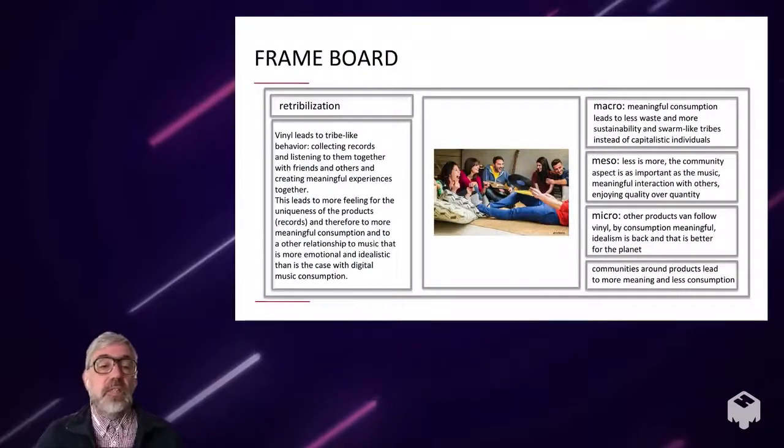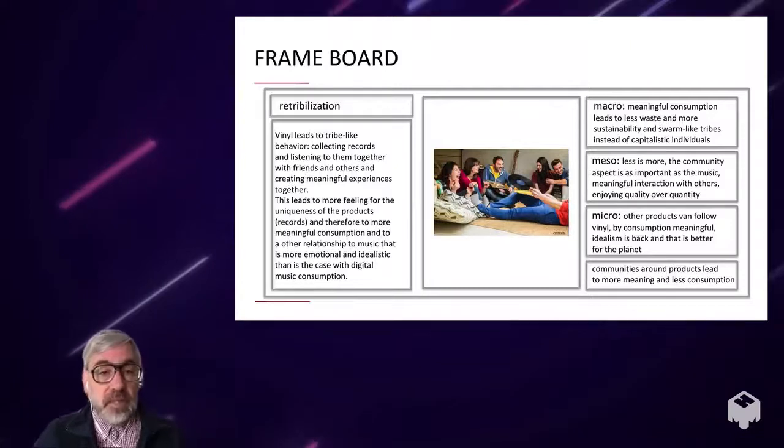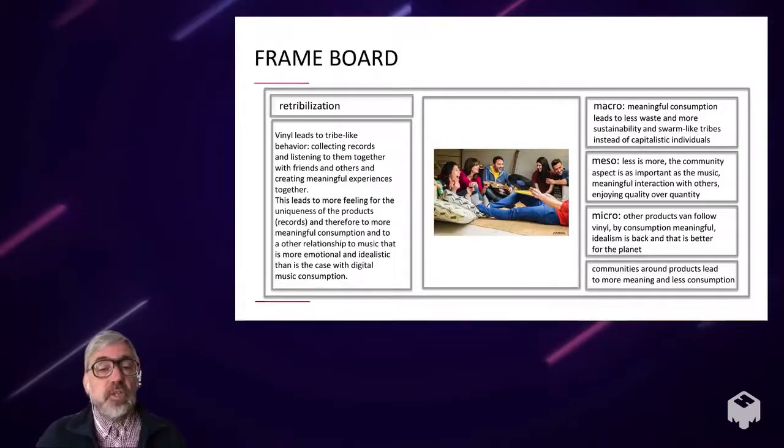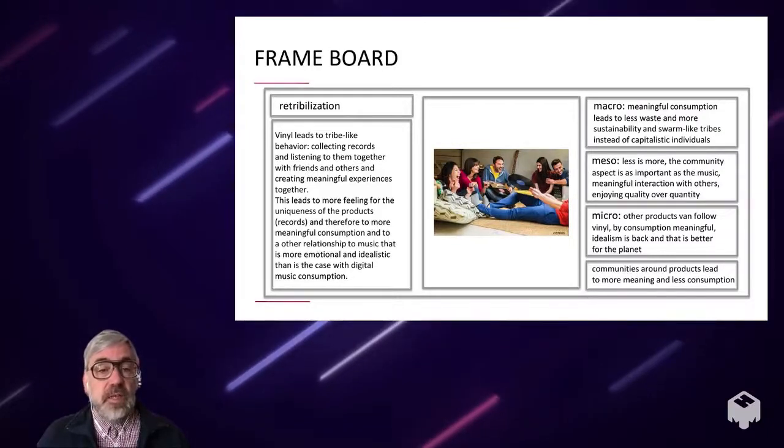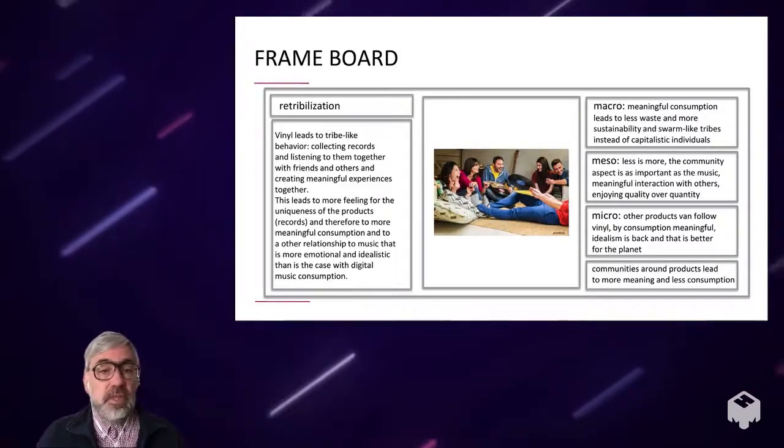A frame board is a board where you take one trend and try to describe it in depth. For example, I've chosen in this example retribalization.